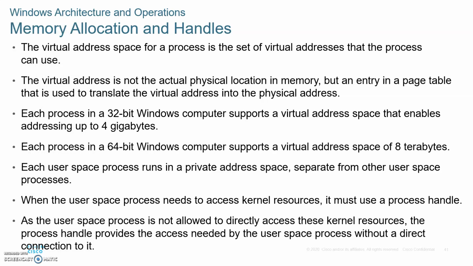Memory allocations and handles. If you don't have enough memory, your computer will use the hard drive. Using the hard drive as temporary memory is going to be a problem because it will slow your computer tremendously. Having enough memory makes sure that when an application boots up, everything is loaded.